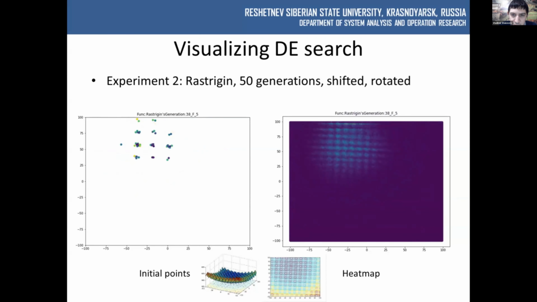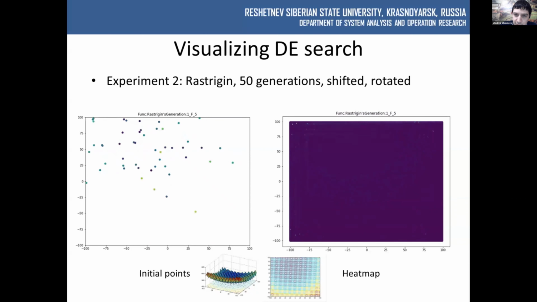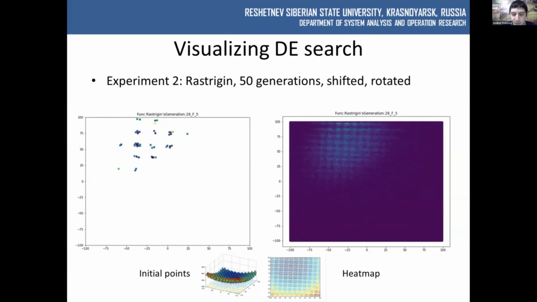At the end of the search, you can see these cells, these local minima that you can observe on the function below. So actually, differential evolution, thanks to this difference-based mutation, is capable of capturing the structure of the problem, and with this, it actually allows jumping from one local optimum to another, and this really helps in high-dimensional problems.